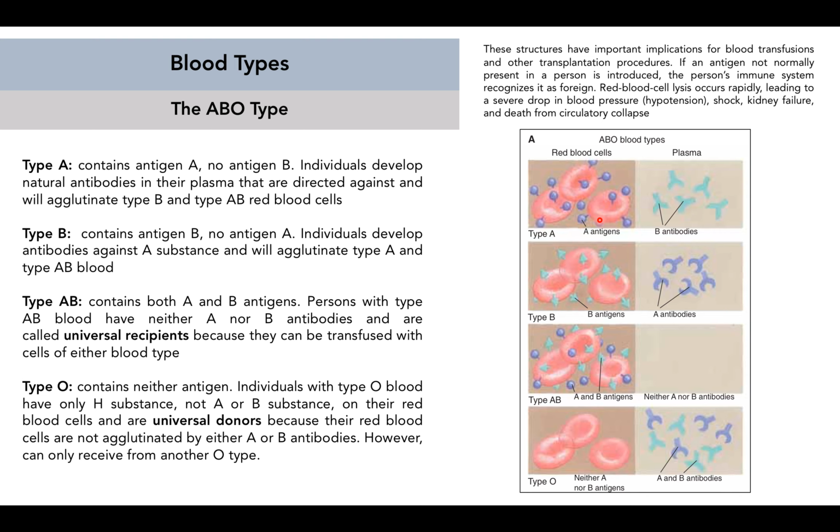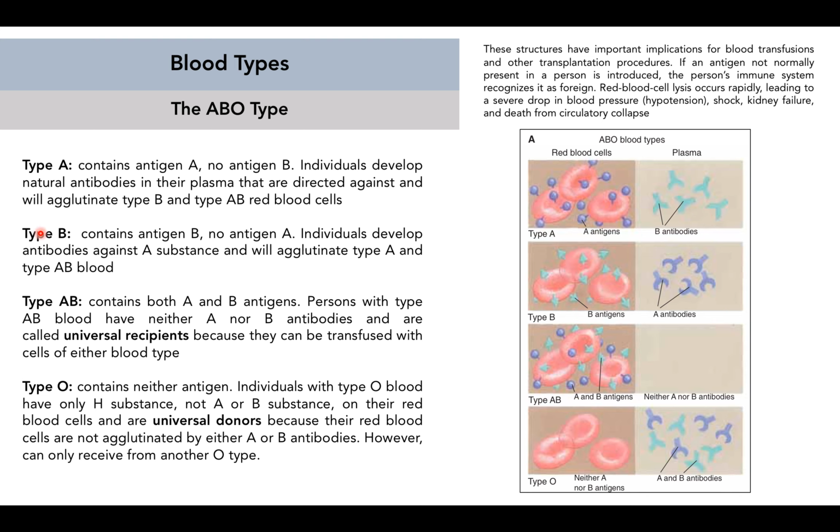It means that naturally they will also have natural antibodies in their plasma that will be directed against type B and type AB blood cells. Why? Because they have never seen a B antigen before, which means when you give them a B antigen, they will create B antibodies. They will realize that these B antigens are foreign and they will just attack those.